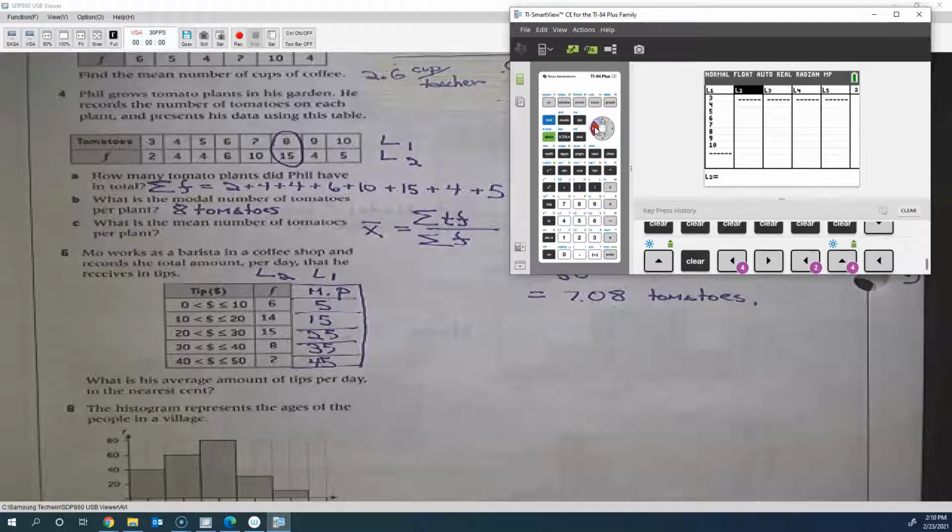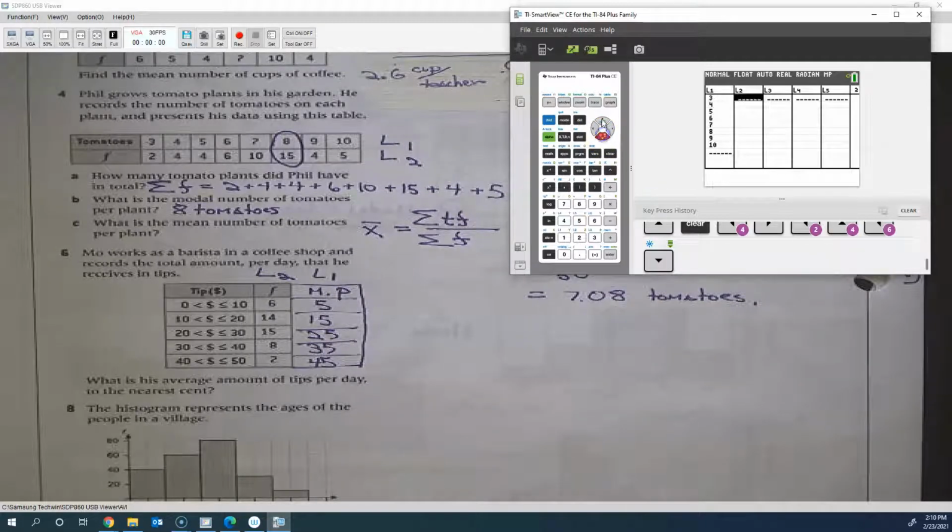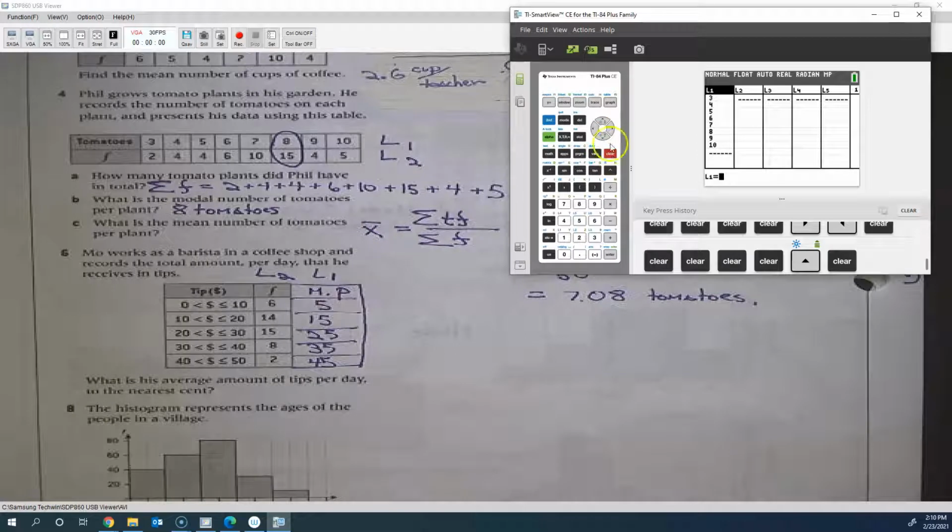If I can get my calculator to move. Come on. There we go. Clear. Okay, put your midpoints in L1, put your frequencies in L2, and do the exact same thing.